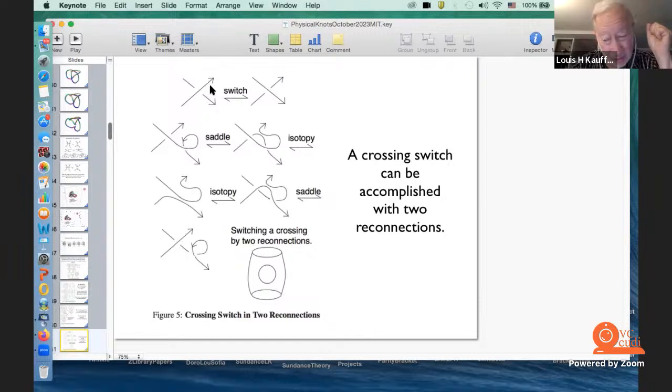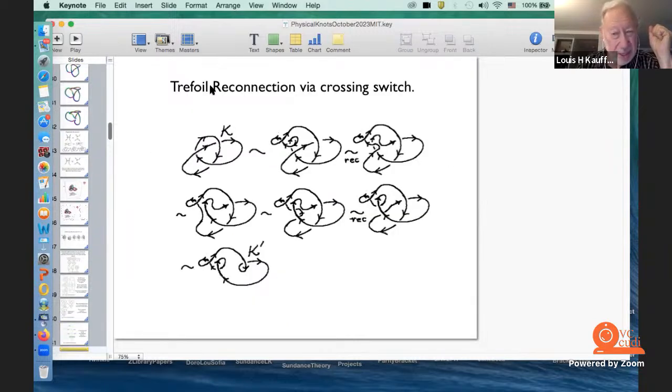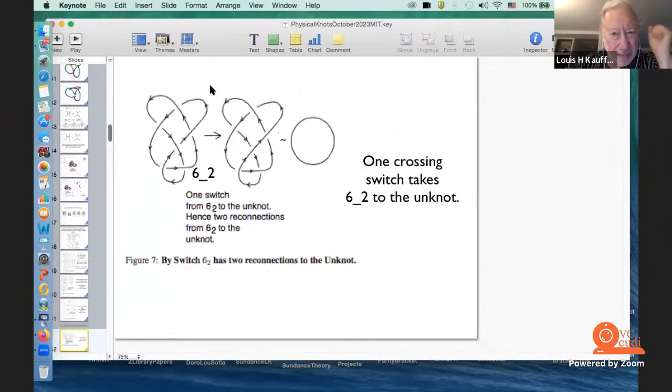So that's a good thing to know, because if we were to take 6.2 here and look at it carefully, we would realize that 6.2 can be unknotted by 1 crossing switch right there. Switch that crossing, and now look at that. You see this pulls out over, and that comes under, and the whole thing is unknotted.